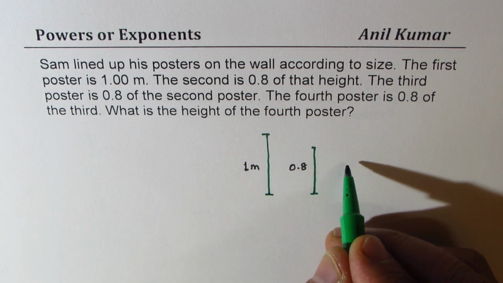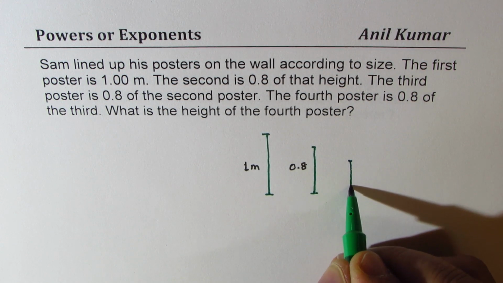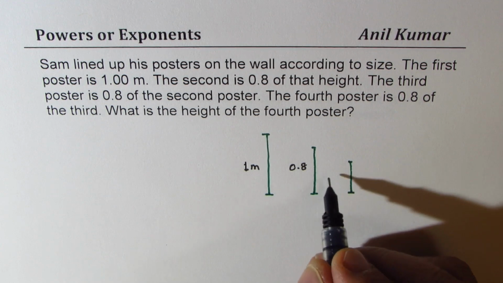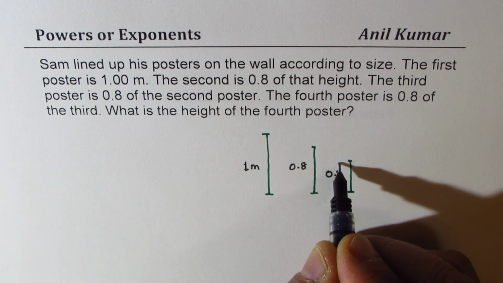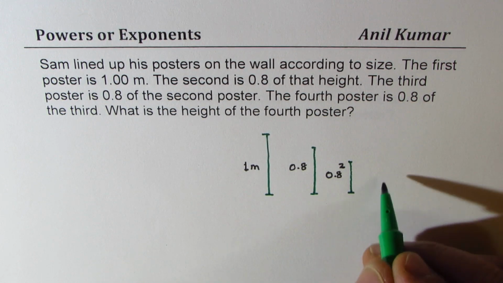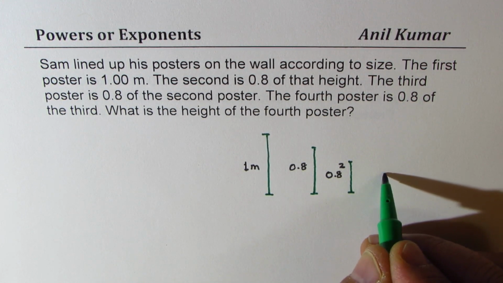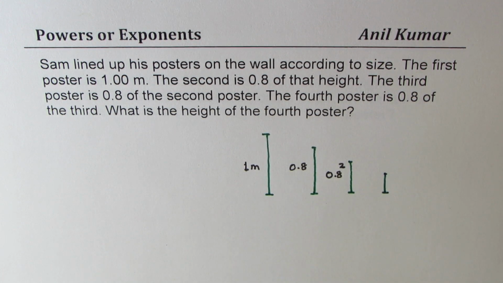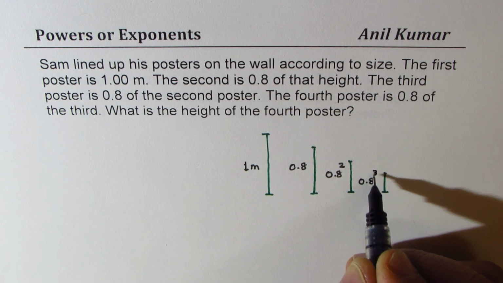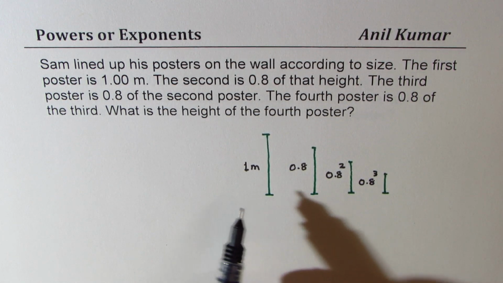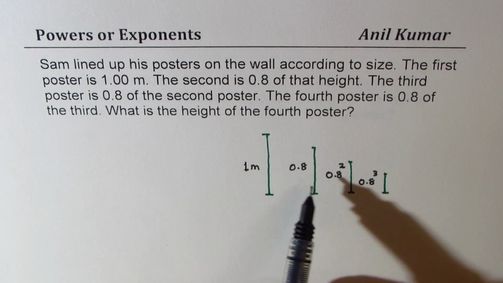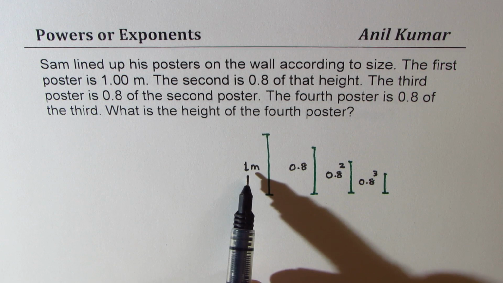The third one is slightly smaller, and this is 0.8 times this one. So that means we get 0.8 square. And the fourth one will be what? It is even smaller by 0.8 times. It is 0.8 cube. So what you get here is that each time a poster is placed, it is 0.8 times the original, right?